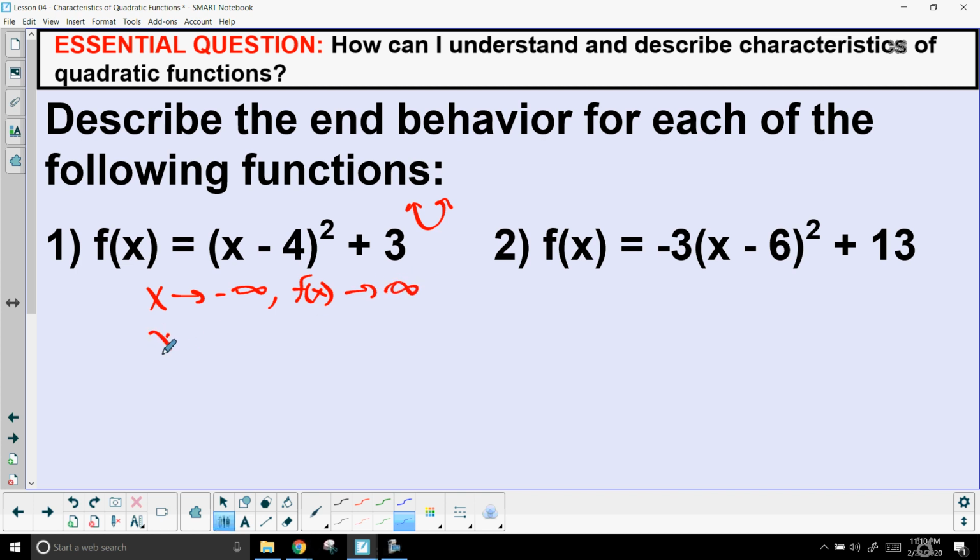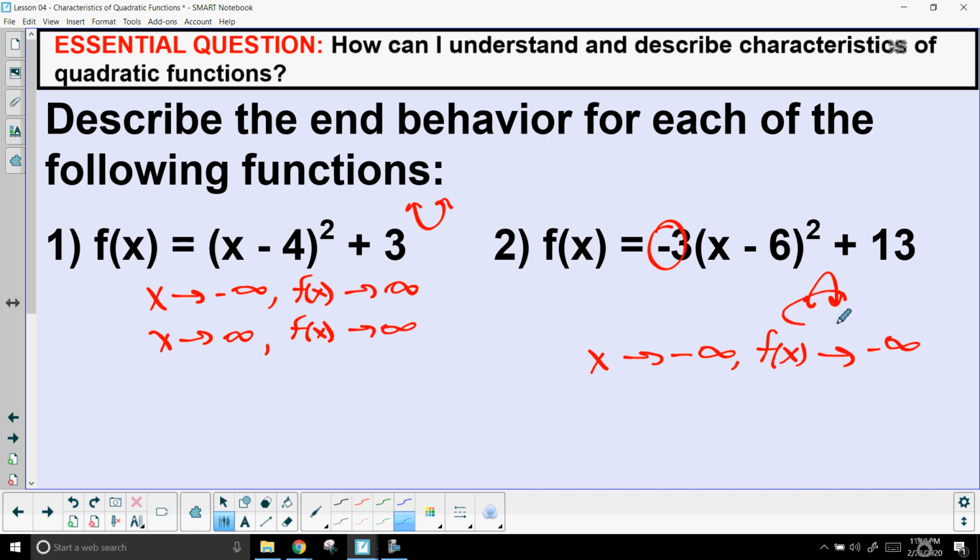This one's negative, so that means it opens down. So as x approaches negative infinity, f of x, or y, approaches negative infinity, because it's going down. And then same thing for the other way. Easy peasy. I think in class I was talking about that idea of approaching.